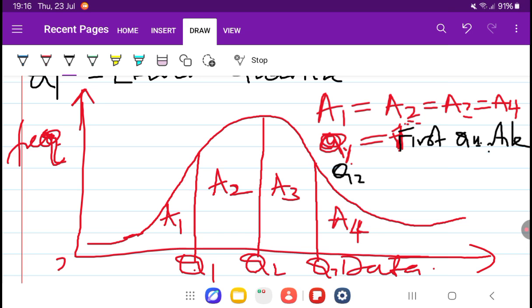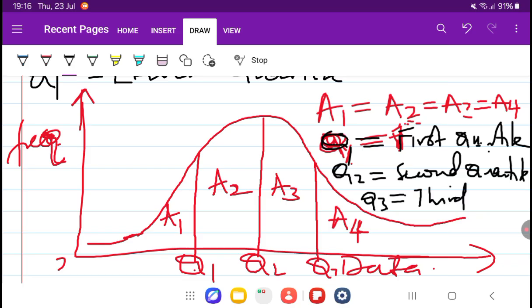Then Q2 represents the second quartile, and then Q3 is representing the third quartile.